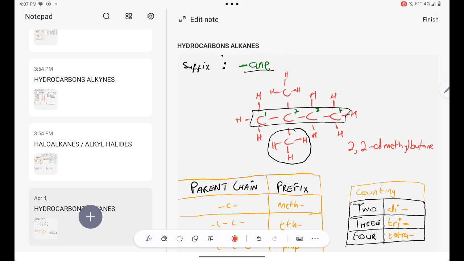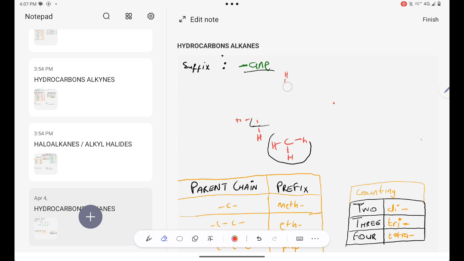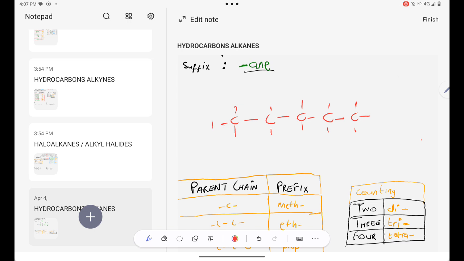Okay, let me draw a structure for you, and I really hope that you will be able to write down the IUPAC name of this one.